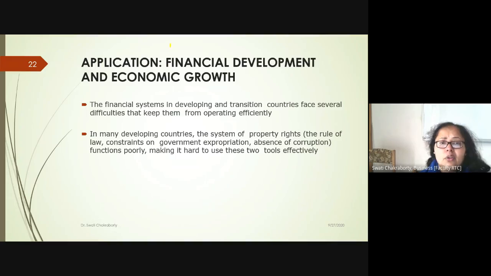Right. So when we talk of financial development and economic growth, what happens? How has it been related? The financial systems in these developing and transition countries face difficulties, right? They have difficulties which prevent them from operating very efficiently.